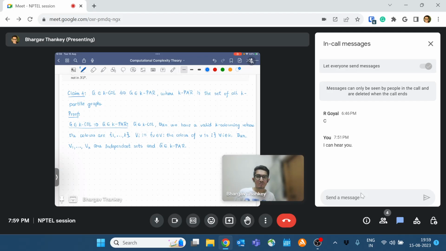Suppose Vi was not an independent set, then there would exist two vertices, let me call them U and V, with an edge between them, right? But since U and V have been given the same color, this would imply that the coloring we are looking at is not a valid K coloring.